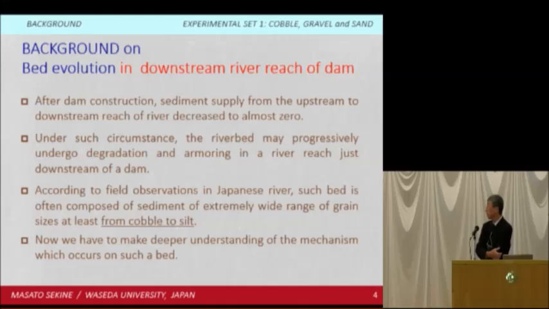Now we have to gain a deeper understanding of the mechanism of bed load or bed evolution which occurs on such a bed.